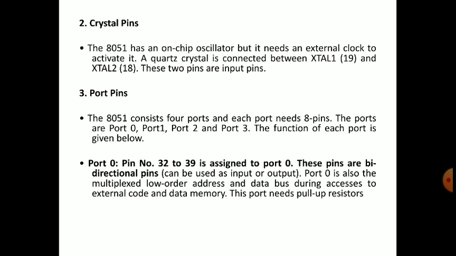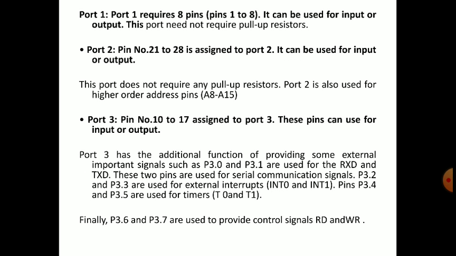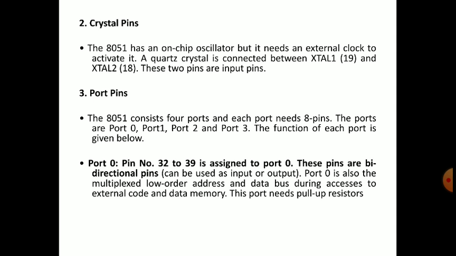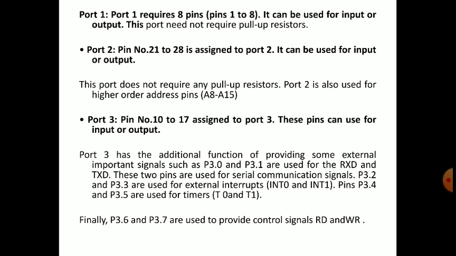Port 0 is also the multiplexed lower order address and data bus during access to external program and data memory. This port needs pull-up resistors. That means we need to connect pull-up resistors to these multiplexed signals, that is port 0, and we have port 2, right? So on those particular pins we have to connect the pull-up resistors.